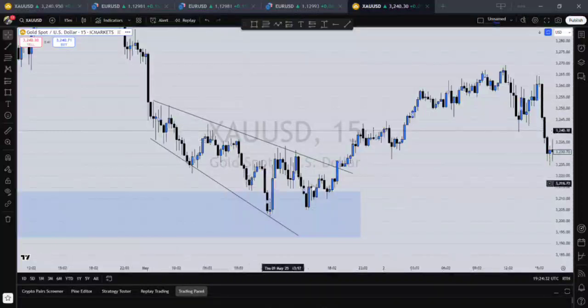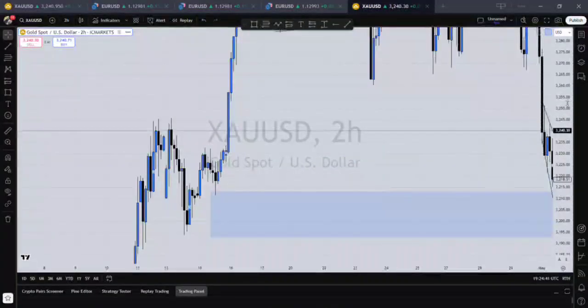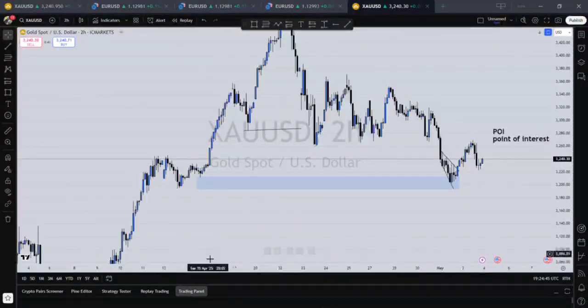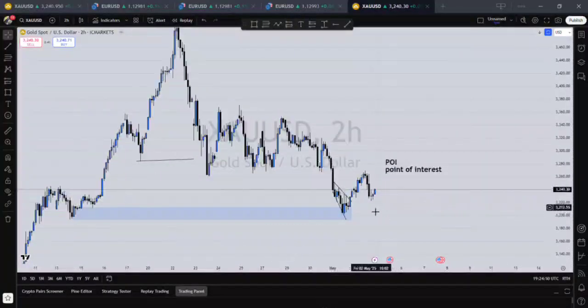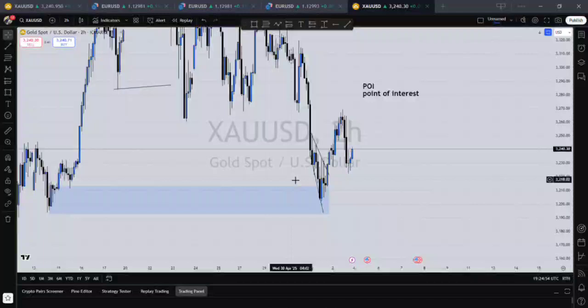For example, now this is a range structure. It's a smaller structure in a bigger trend. Look at this. This is our second demand trying to save price. You can see the tiny structure here.